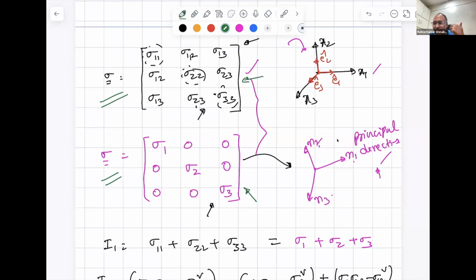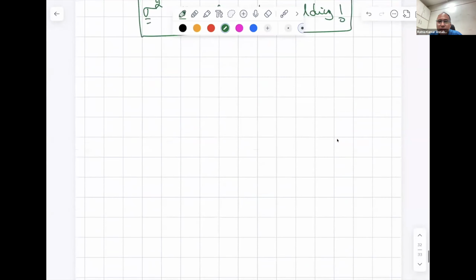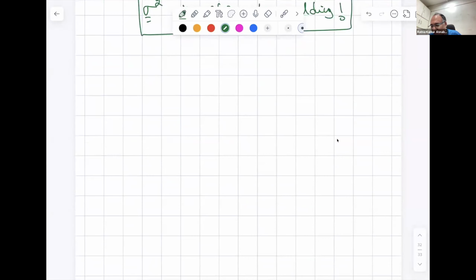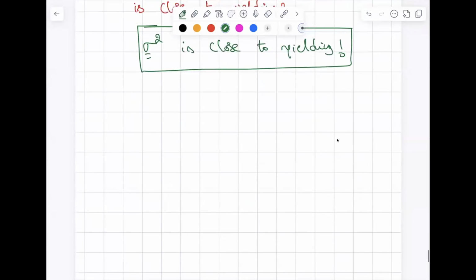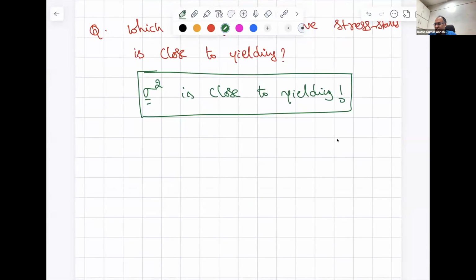It is exactly the same state of stress, written in a different coordinate frame of reference. Hence, usually the failure theories are written in principal stress space. There is no reason other than that it is much easier to deal with fewer numbers. Is that clear? Yes, sir. Now let me move on to the next set of slides.